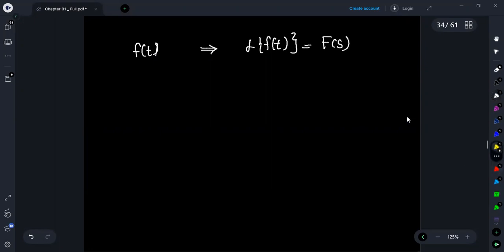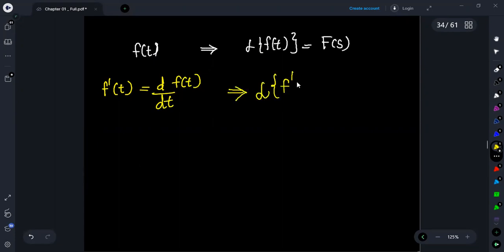And then we can find f dash t. F dash t means d over dt of f of t, the derivative of the function f of t. Then we can find the Laplace transform of f dash t, the derivative of the function, as s times capital F of s minus f of 0.